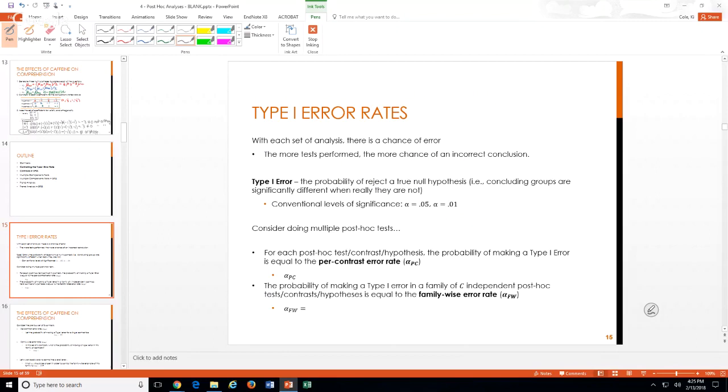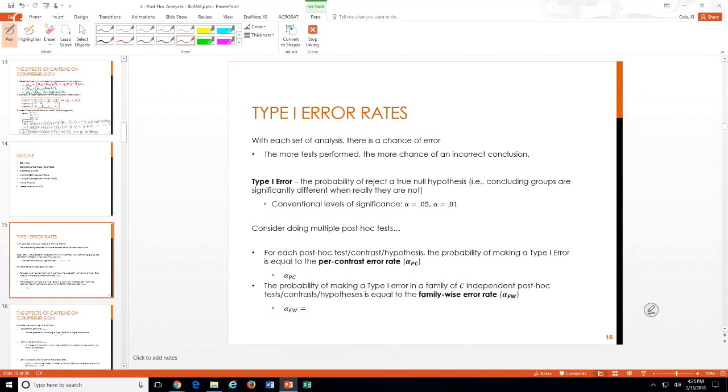To see if there was an overall global difference, because in that single test, there was a 5% chance of error. But if we do a series of pairwise tests, each of those has 5%, 5%, 5%, which compounds and expands the overall error rate of your study.